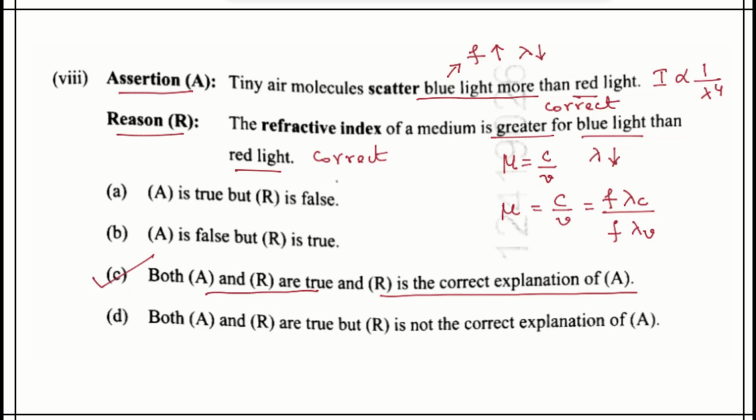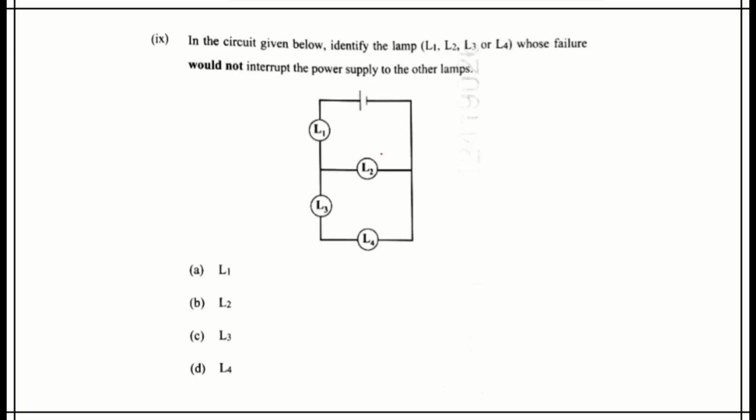Next question. Question number 9. In the circuit given below, identify the lamp L1, L2, L3 or L4 whose failure would not interrupt the power supply to the other lamps. We have to check one by one from the circuit. So let's start with L1.